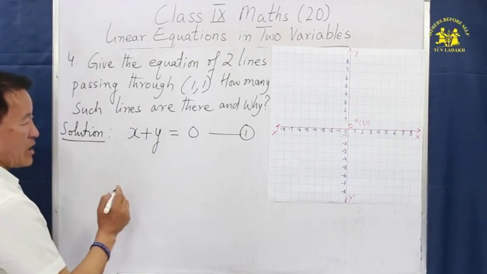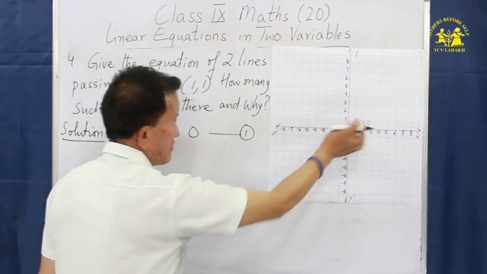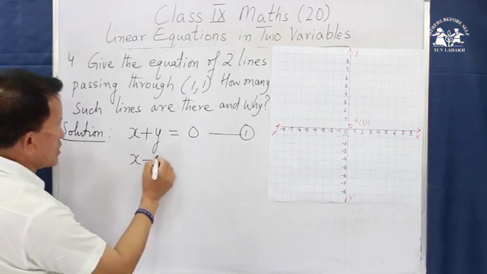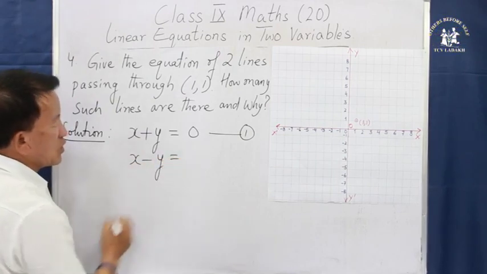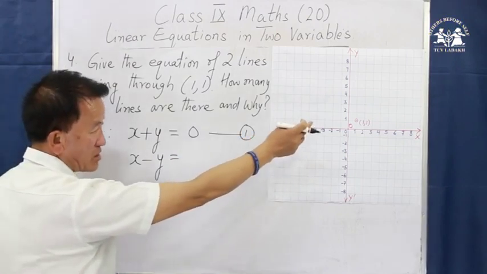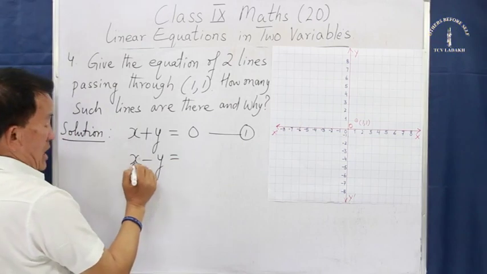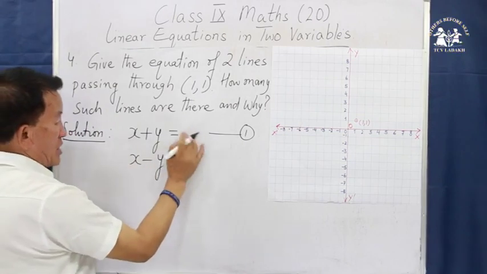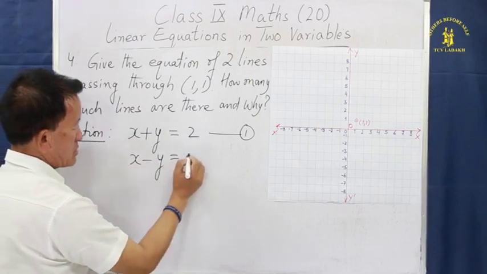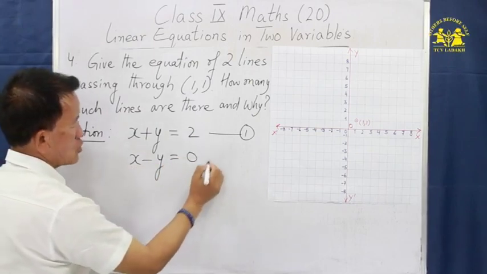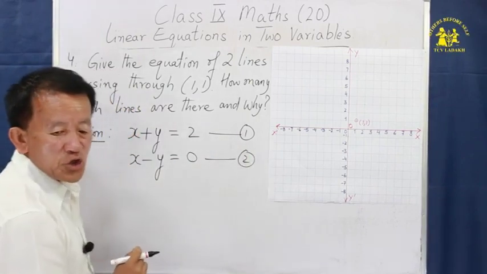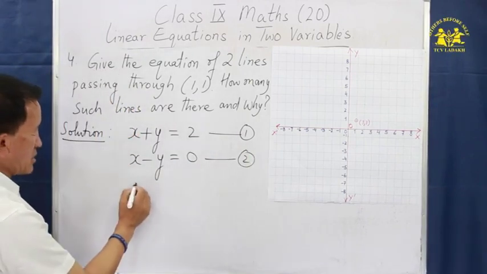And the second one is, let's look here. The difference of these 2 is 0. So the second equation is x minus y is equal to 0, where x is 1, y is 1. Sorry, the first one is 2, right? And the second one is 0. So we have two simple equations. And we can create a third equation.